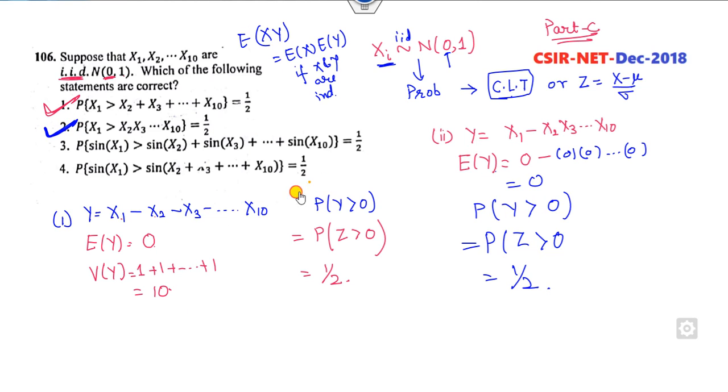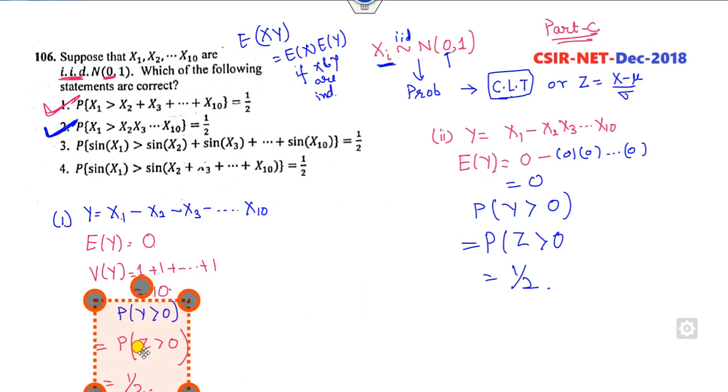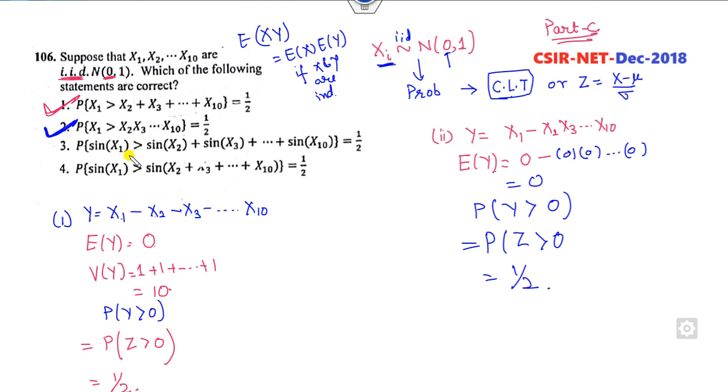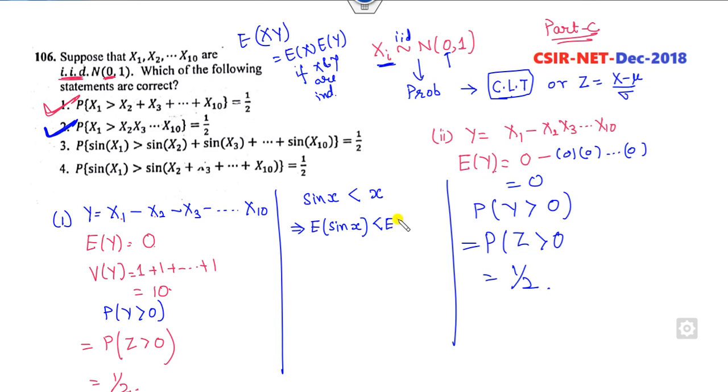Now look at this third option. How can you solve that? This is sine of x. We all know the value of sine x is less than x. So what is the meaning of that? Expectation is always a monotonic function, so I can write this for each xi. What is the expected value of this? 0.